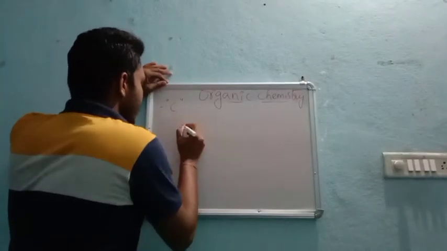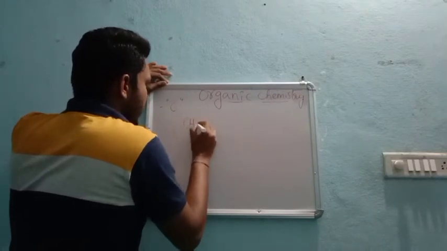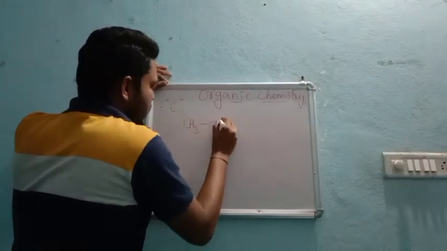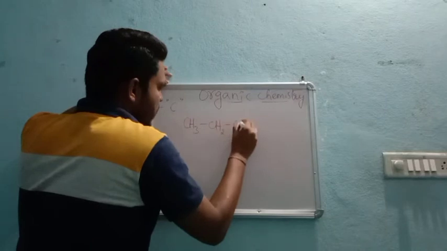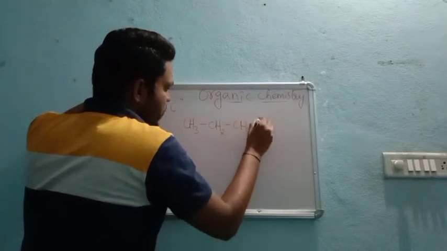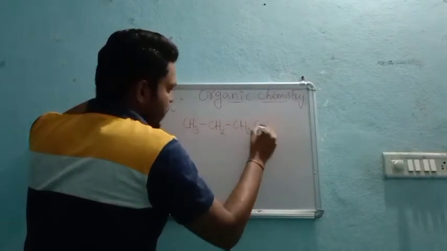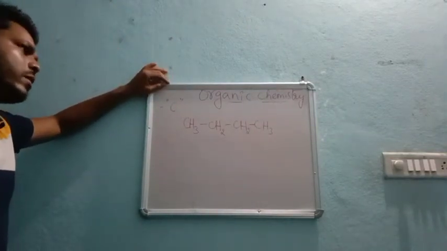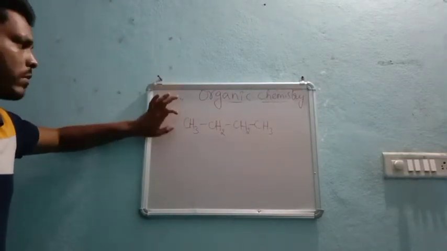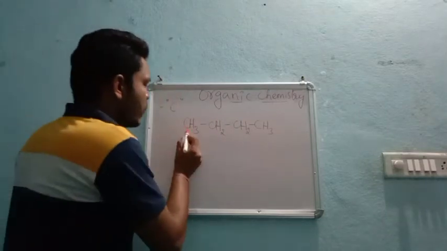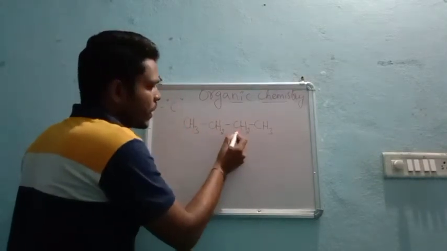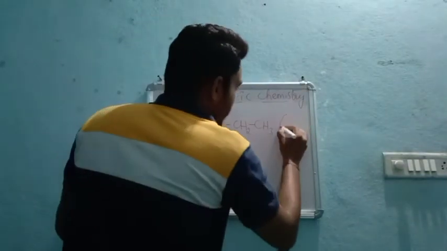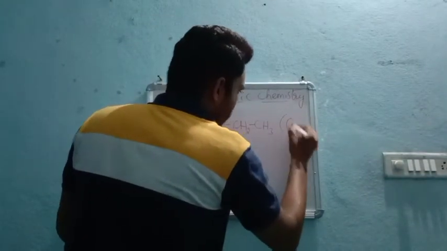So I will show you one example. CH3, CH2, CH2, CH3. Right? One example. Count the number of carbons in this example: 1, 2, 3, 4. Here there are 4 carbon atoms.